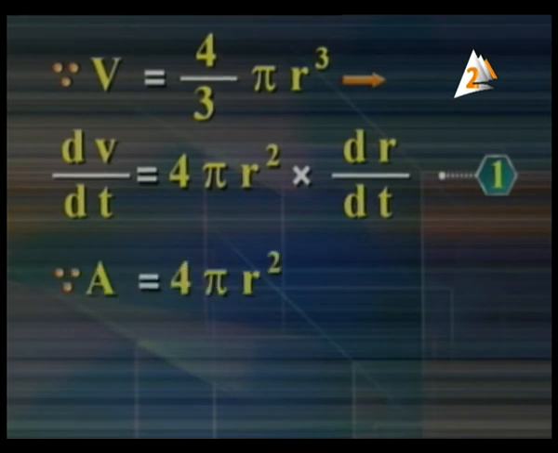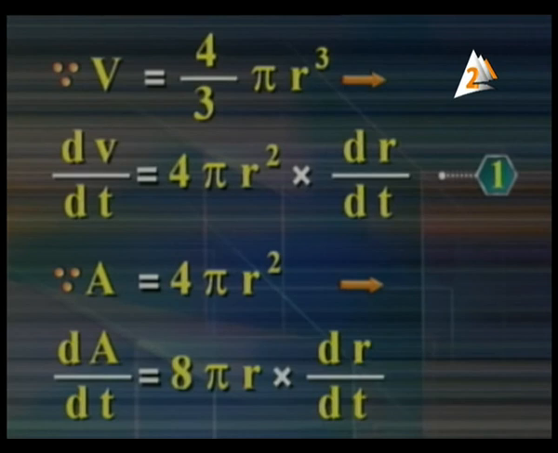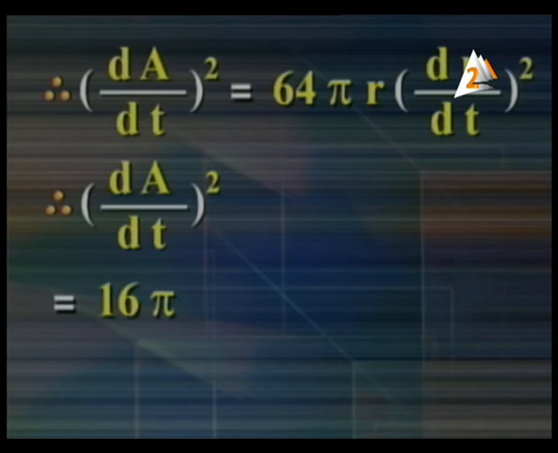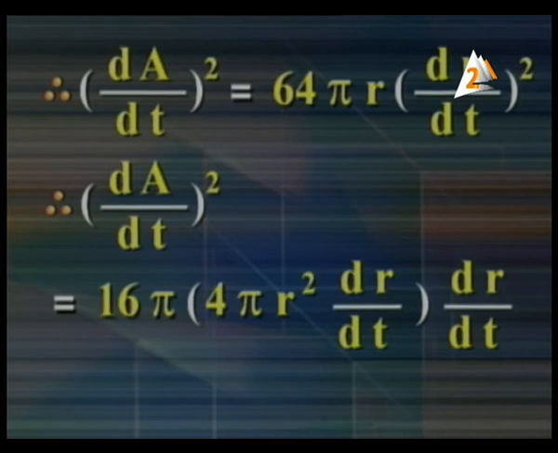Area equals 4πr². Also, we find dA/dt = 8πr times dr/dt. Then (dA/dt)² = 64π²r² (dr/dt)². Then (dA/dt)² equals what? 16π times the bracket 4πr² dr/dt, times dr/dt. This is equation number 2.